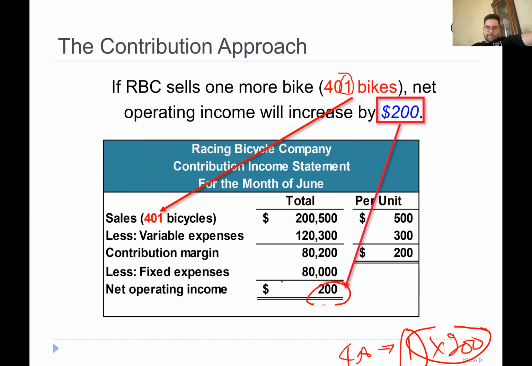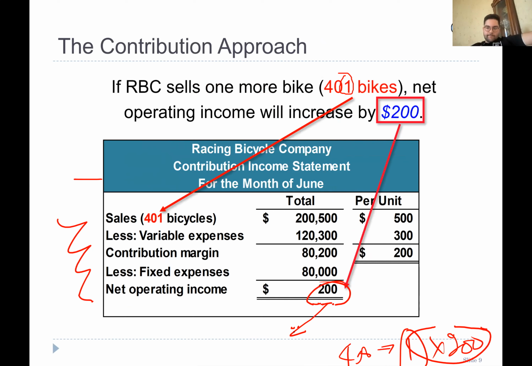So managers keep that in mind, and that's why the contribution margin approach is very helpful for managerial accountants, because otherwise they have to make the complete statement to get the net operating profit.